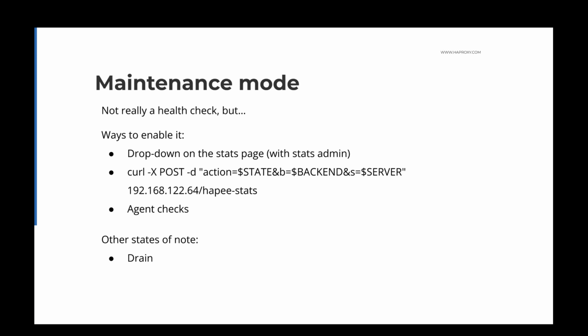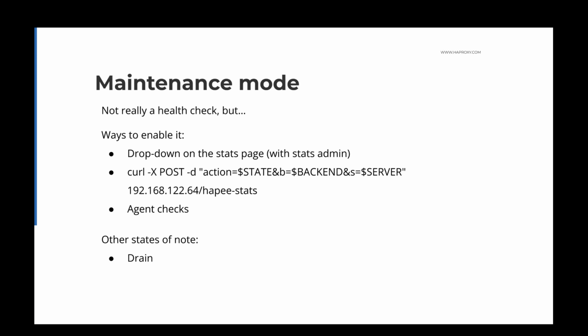Then there's also agent checks, which can tell HAProxy to put the server into maintenance mode instead of just up or down, though it can do that as well. And then another state of note is drain. With the drain status, if you have a persistence cookie or persistence stick table, the requests will still go to that backend, but all new sessions, where it generates a cookie or stick table entry, will go to a different backend.